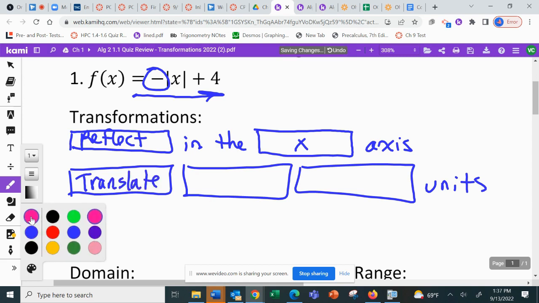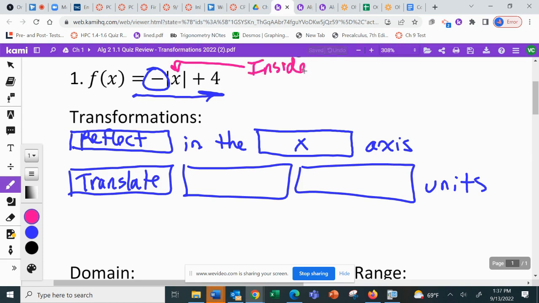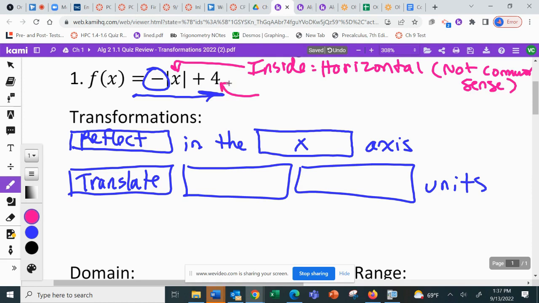And then we need to remember that if it's on the inside of the absolute value, that's horizontal, and that's not common sense. If it's on the outside, that's vertical, and that's common sense.